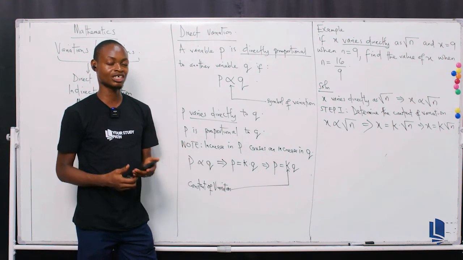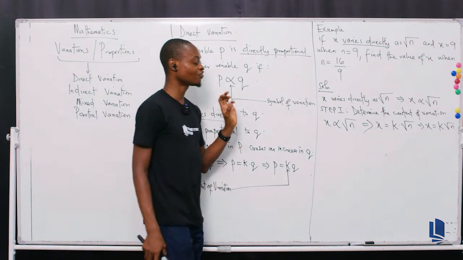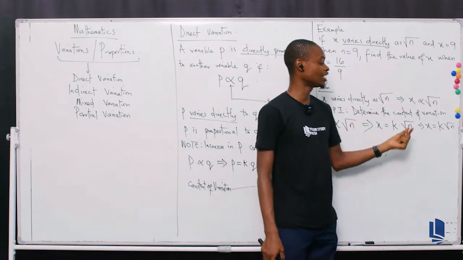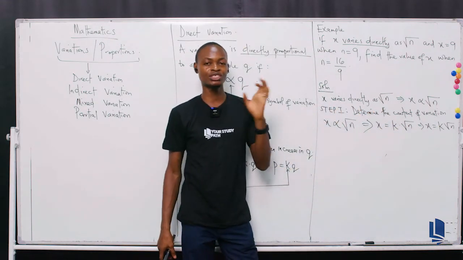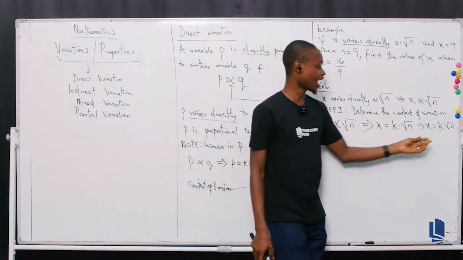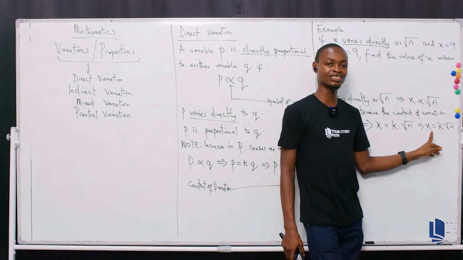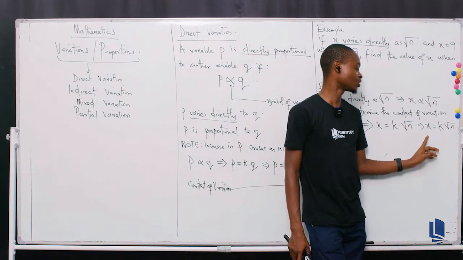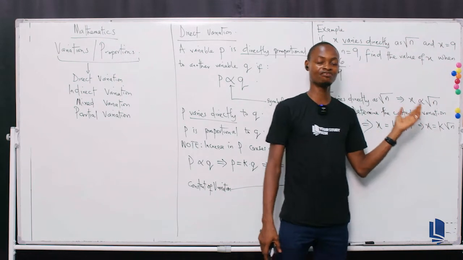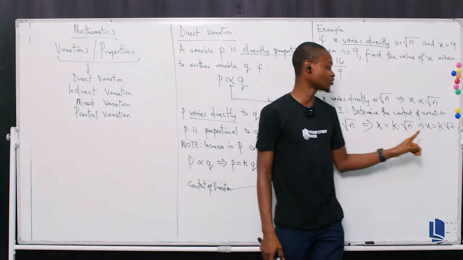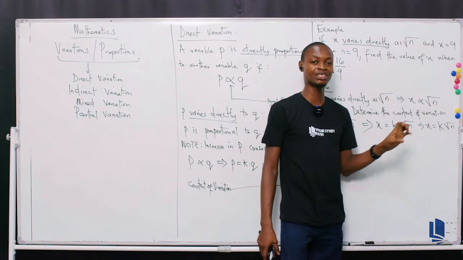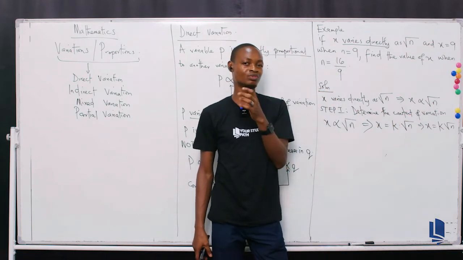Subject of the formula means isolate that variable on one side of the equation. For instance, at this point, x is the subject of the formula because x is isolated on the left-hand side. So if I decide to make k subject of the formula, it means I isolate k to one of the sides of the equation.